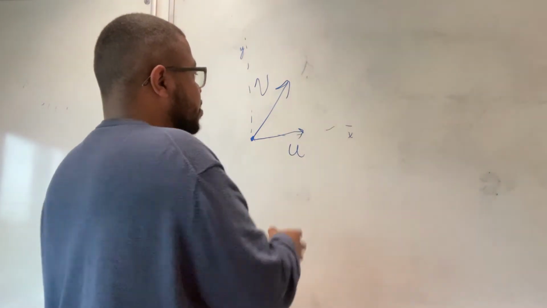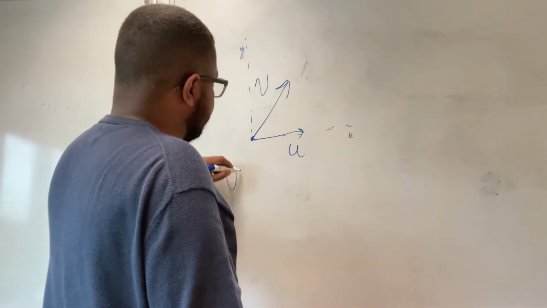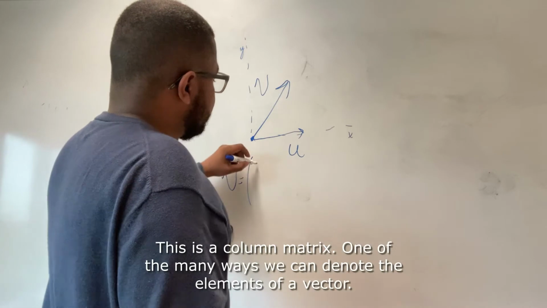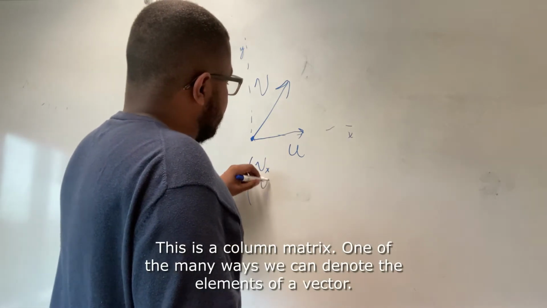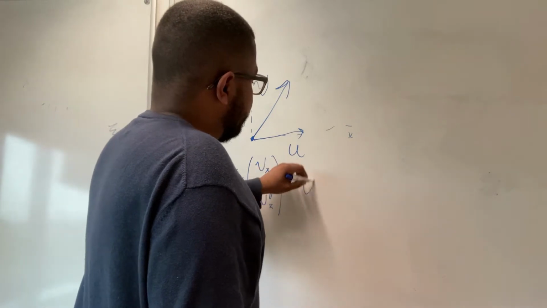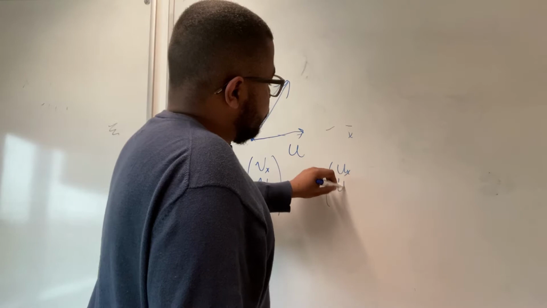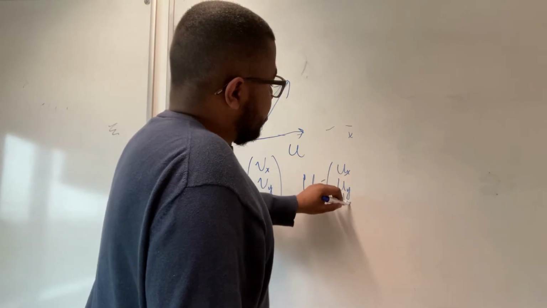For example, if these were both three-dimensional vectors, vector v would contain vx, vy, and vz, and the same for vector u, which contains ux, uy, and uz.